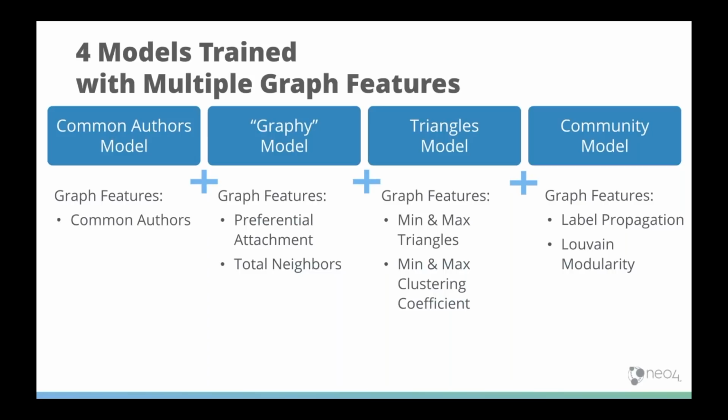And remember, this graph is an undirected graph. So if I am co-author with Amy, Amy's co-author with me. We're not storing 2 relationships between those 2 nodes, and so that's why we need to come up with a way to handle these node-centric values. This is one approach to doing it.